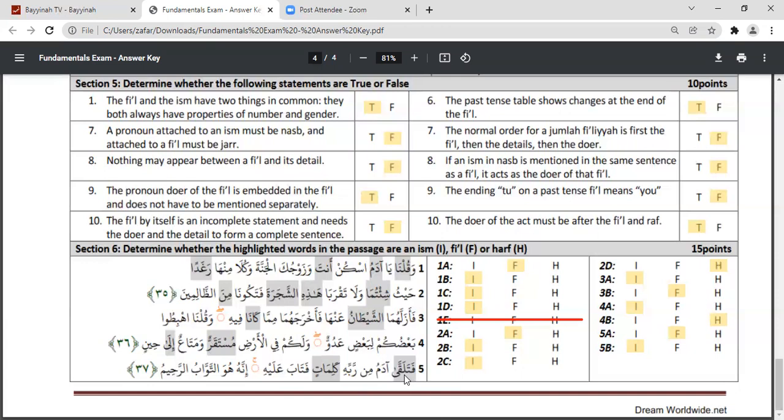The highlighted word is fatalaqa, and this is a fa'il. Ustad has given extra points to the people who got this correct, because the indication is that Adamu, the doer, is right after that, and it is in the rafa status. And kalimatin, the tanween tells us that this is an ism. So 5a is a fa'il, and 5b is an ism.